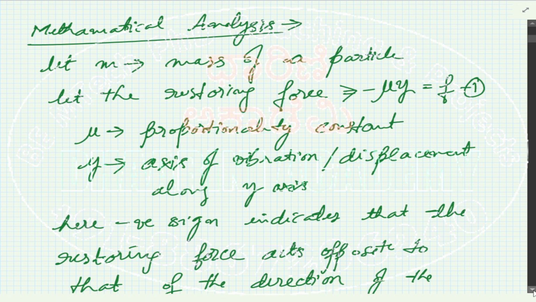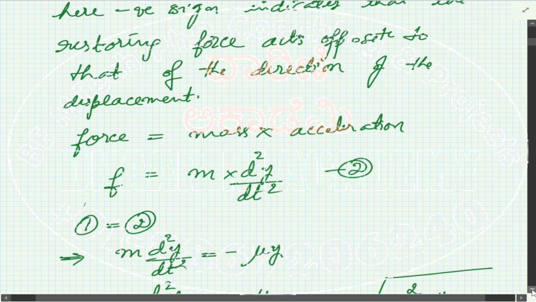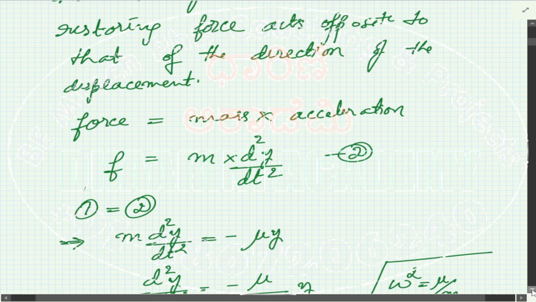The minus sign is given just to make sure that it is opposite in direction, and mu is the coefficient, a proportionality constant. y is the axis of vibration, giving how much the displacement is along that axis. As mentioned, the negative sign indicates the restoring force is opposite to the direction of displacement.